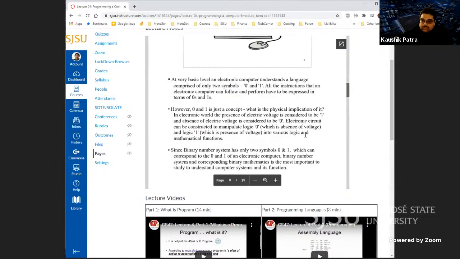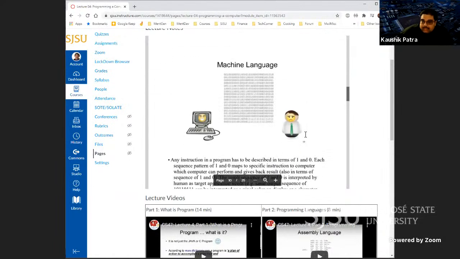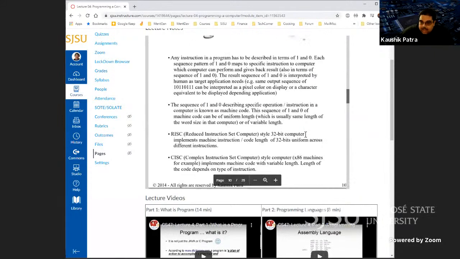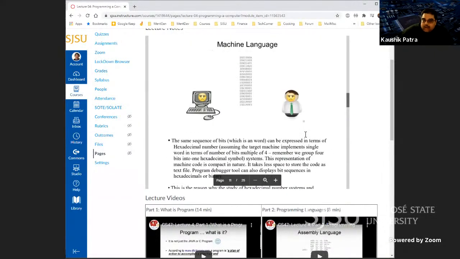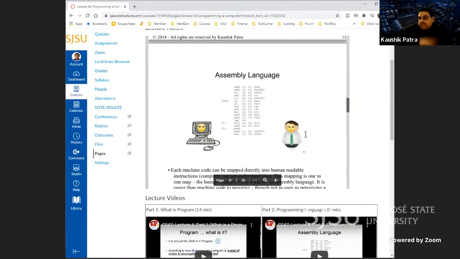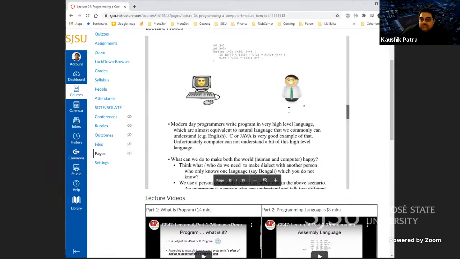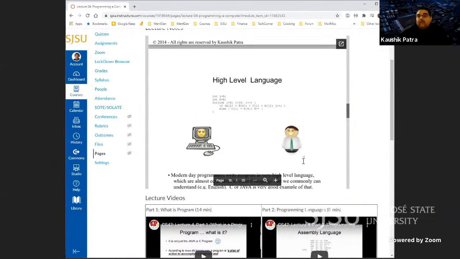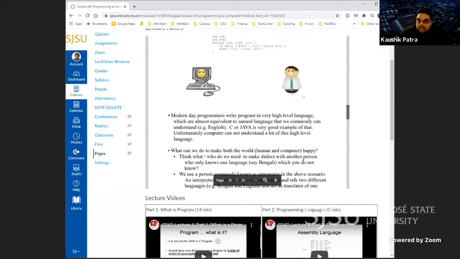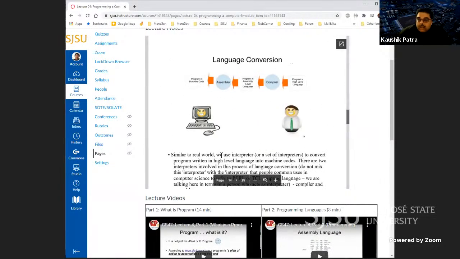So let's build our concept on that, and see the relation between that language based on 0 and 1 and the machine language, how it maps to the assembly language, how it goes into the high-level language, and how they are transformed from one to another.